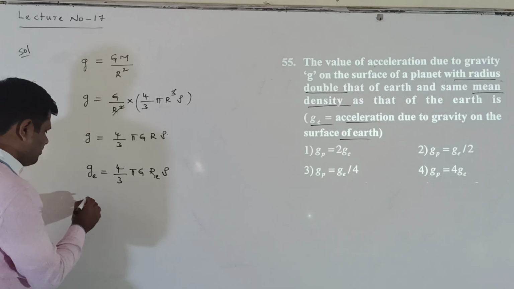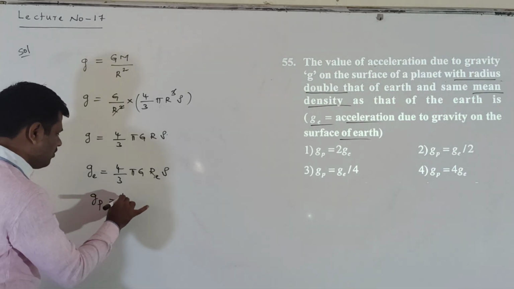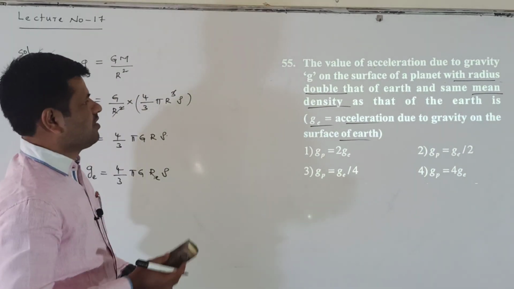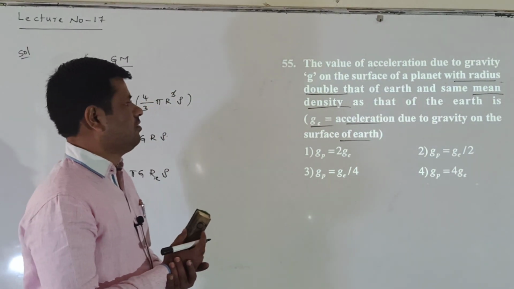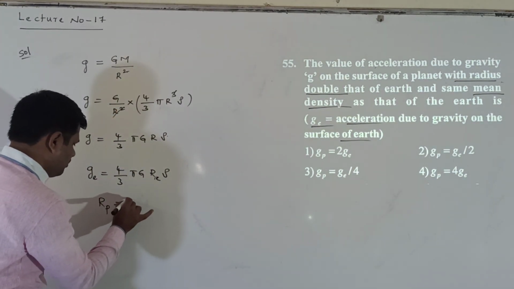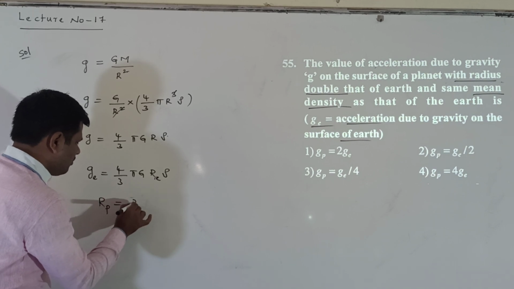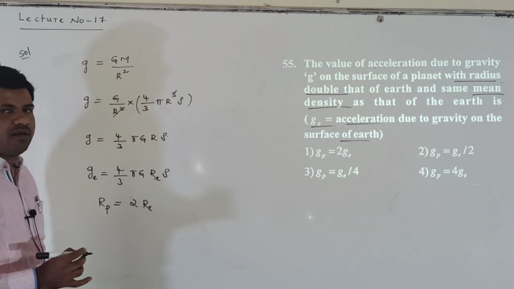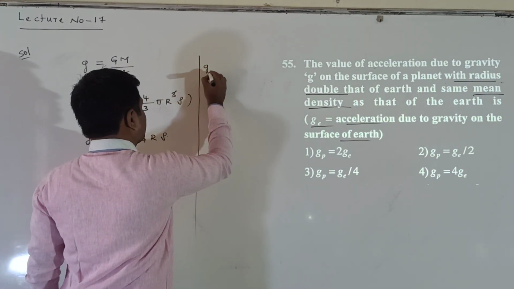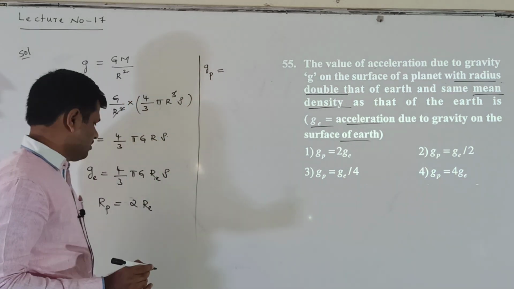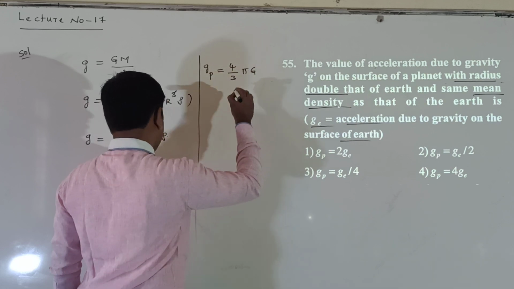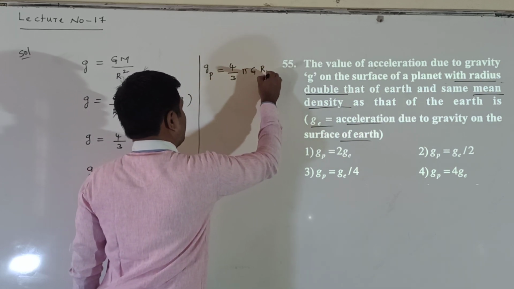On the planet I am writing gp is equal to, but before writing the planet, first we change the radius. Radius of the planet is equal to double the radius of the earth, means 2 times the radius of the earth. Clear it is? Now gp on the planet I am writing 4 by 3 pi G Rp into rho.